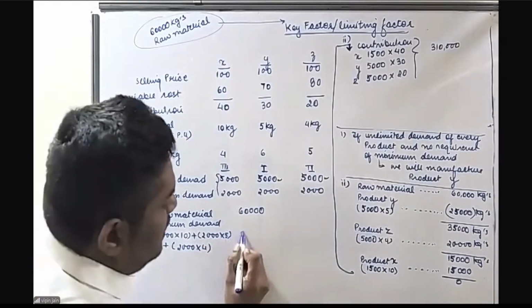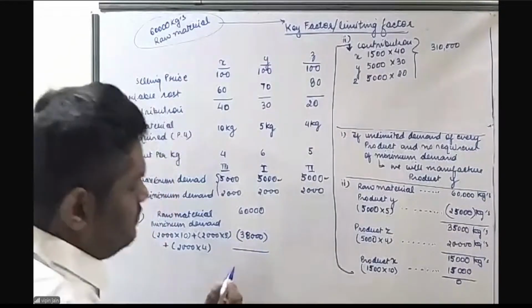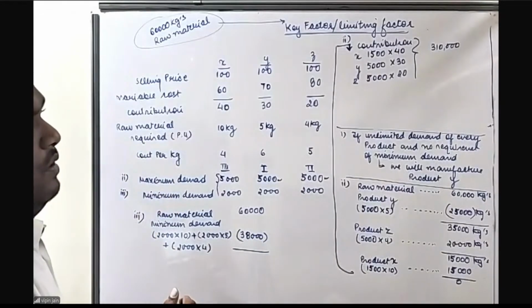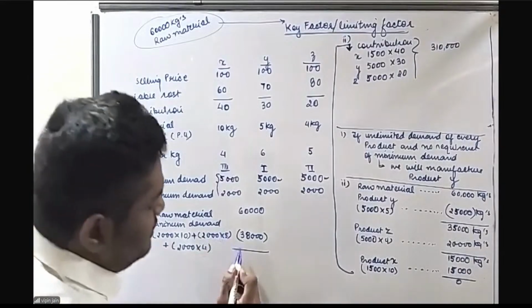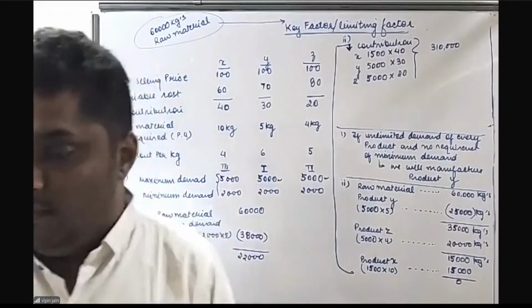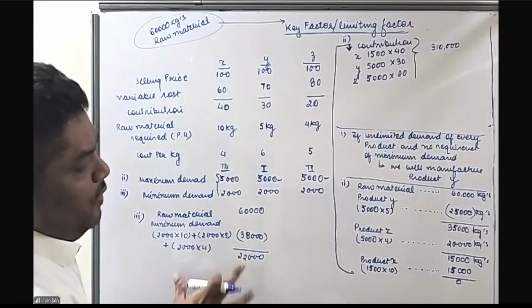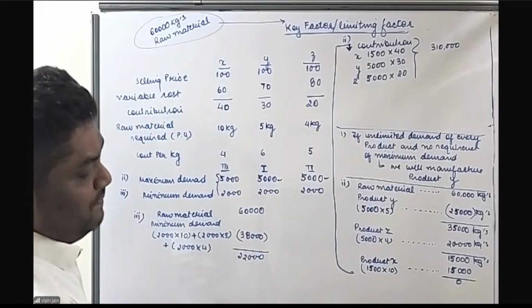So this will be 38,000. After utilizing 38,000, we are left with only 22,000.